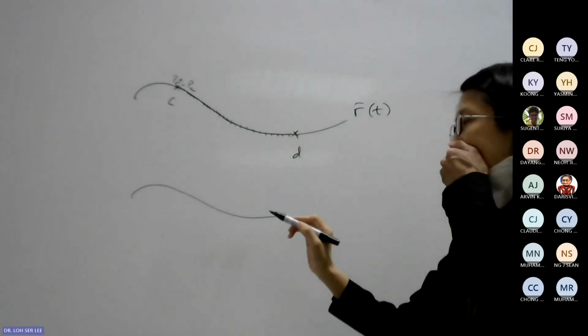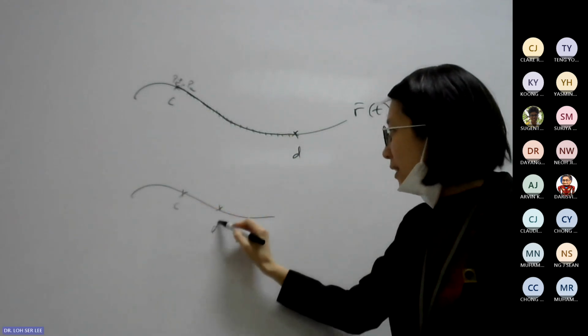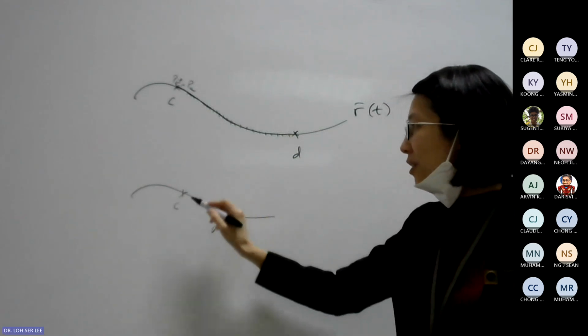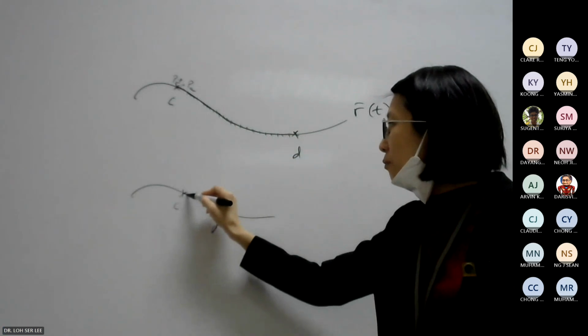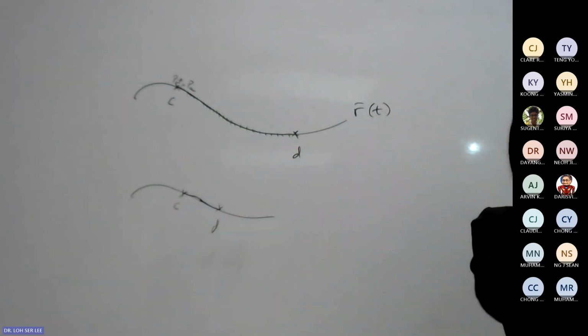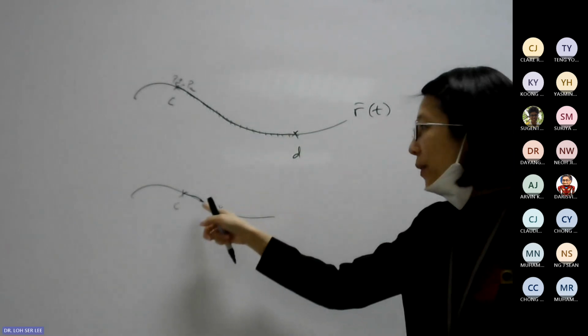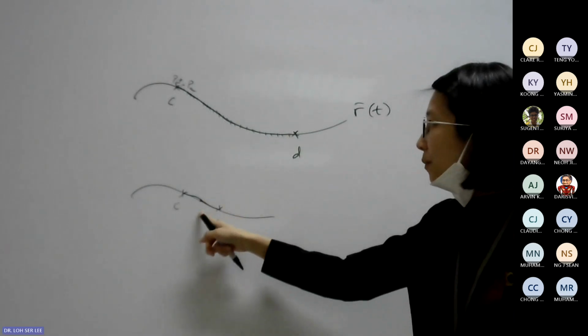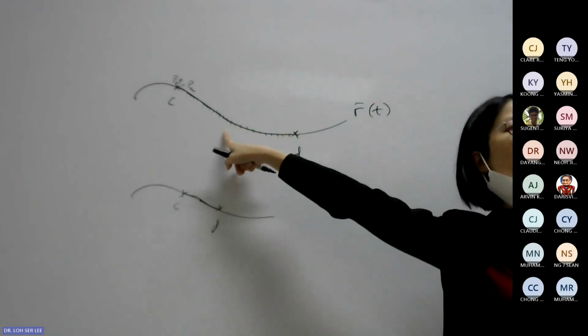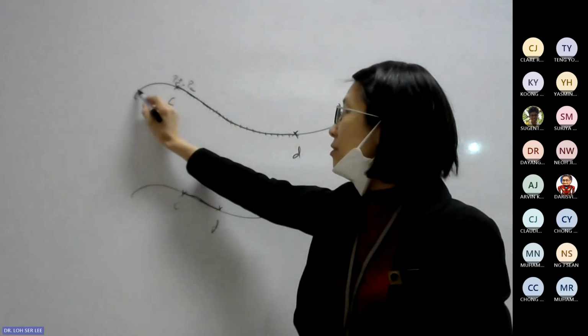Let's say we want to get the length. If we just break this into 2, we will calculate the length between any 2 points and sum them up. Compared to this one, this will give less error. The error will be lesser, especially when you look at the curve.